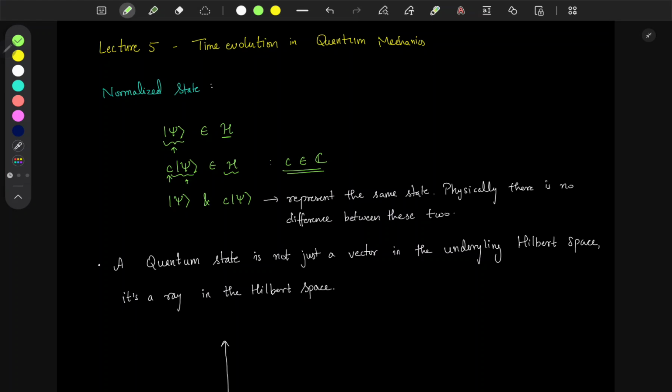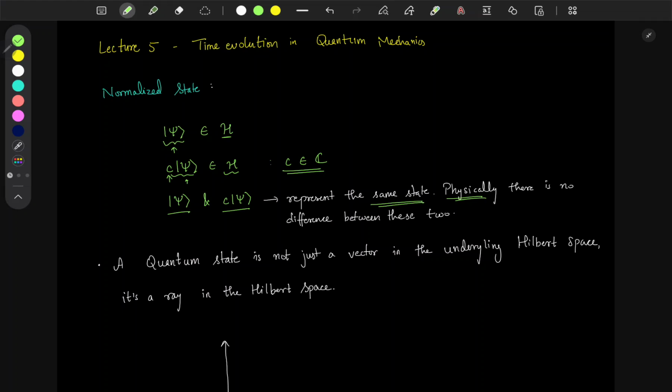This is a very trivial thing, but it's also really crucial: psi and c psi both represent the same physical state. So basically there is no difference between psi and c psi.